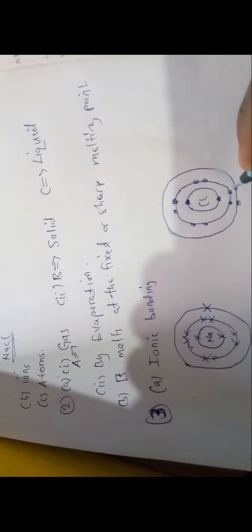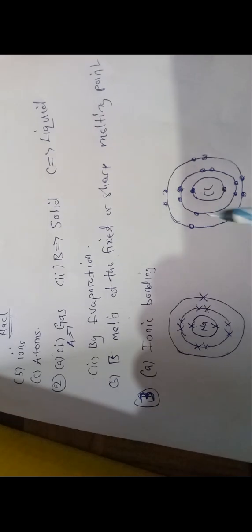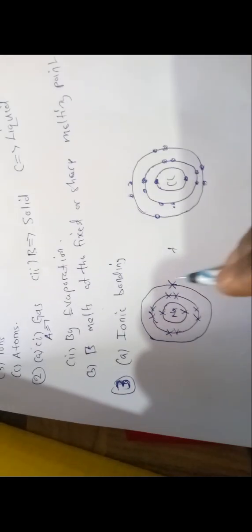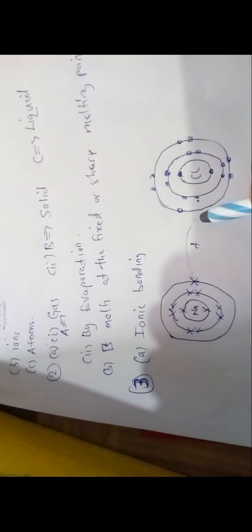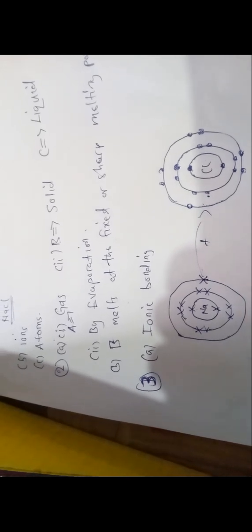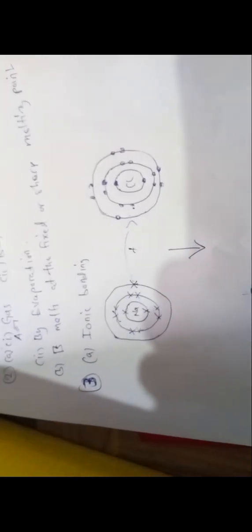So in order for this one to obtain 8 electrons in the outermost shell, it will get 1 from sodium. So sodium will lose its 1 electron, and that electron will go there. When this 1 electron goes there, what we obtain is what the question was asking for. So sodium now will be like this.